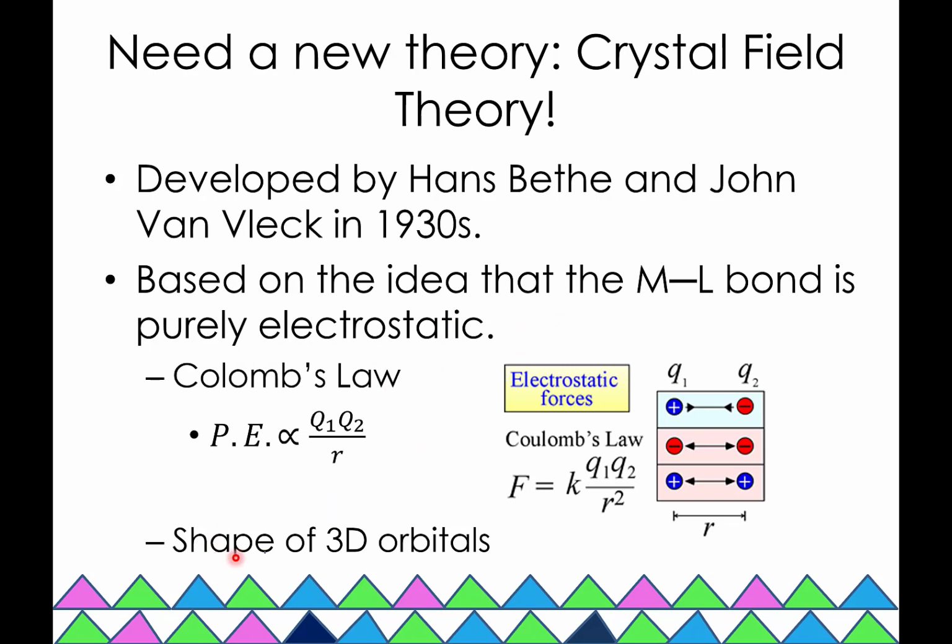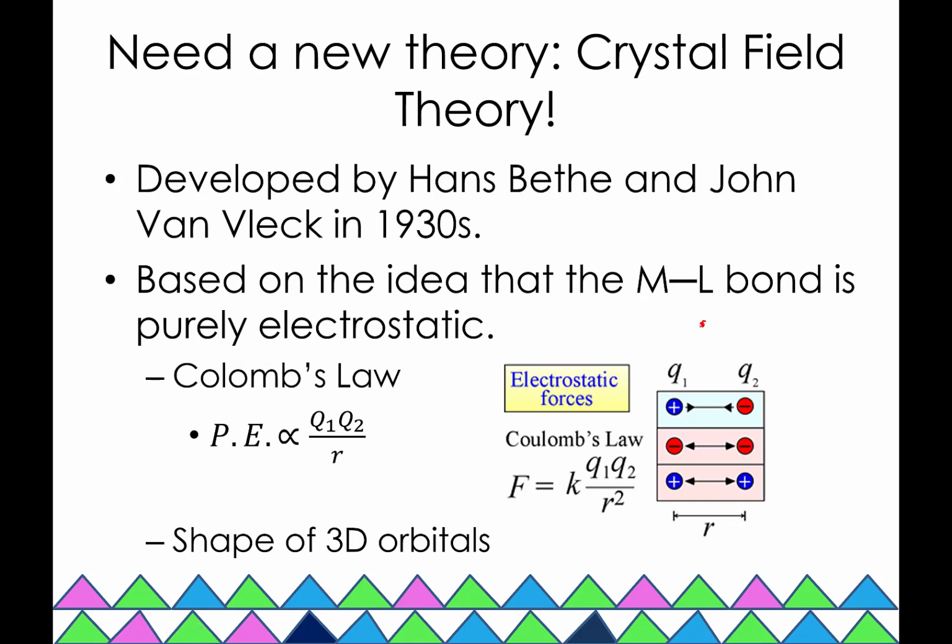So we're using Coulomb's law, that potential energy is proportional to the product of the charges divided by the distance between those charges. We need to consider the shape of the 3D orbitals also, because we're saying that this metal-ligand bond is electrostatic.